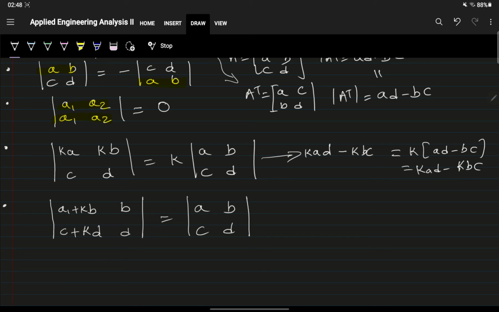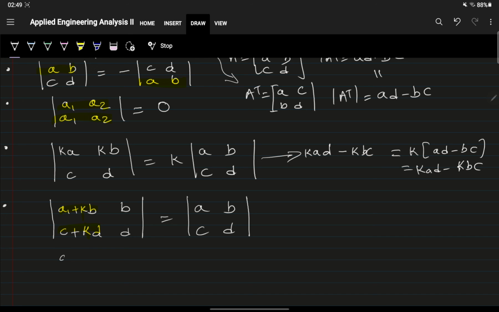And in a similar way, for a linear combination of elements of a determinant, if the elements of any row or column are multiplied by a constant factor K and added to the corresponding elements of another row or column, then the value of the determinant doesn't change.